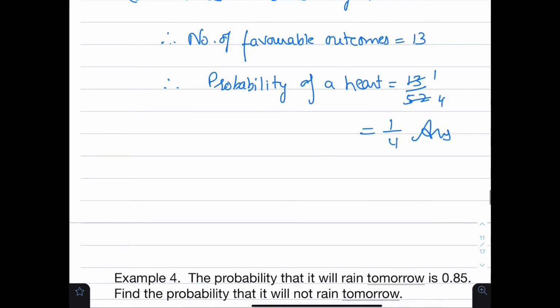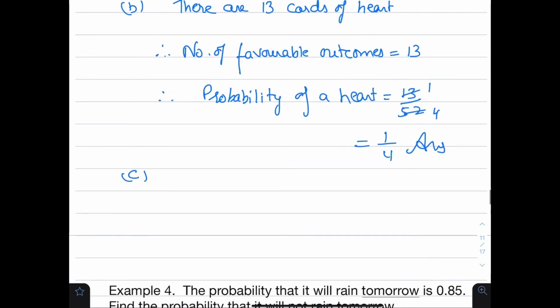Next one, C. Red card. We know that there are 26 red cards in the deck.